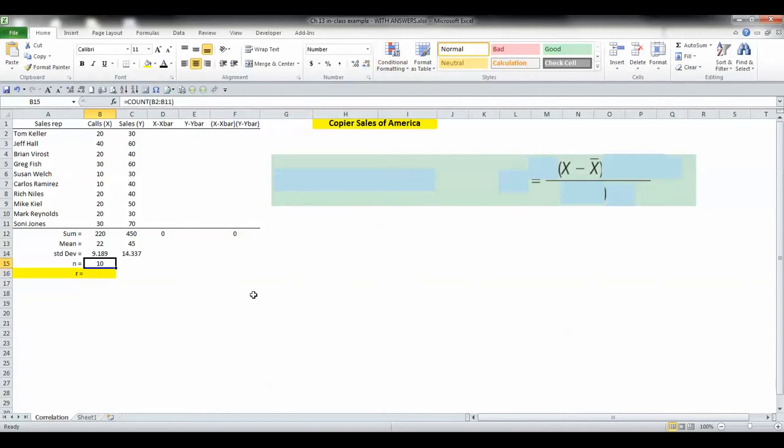We have 10 items. So when we look at the deviation, we take, let's say, Tom Keller, who had 20 sales calls, and we have a mean of 22. So we take 20 minus 22, and we see that there's a deviation of -2.